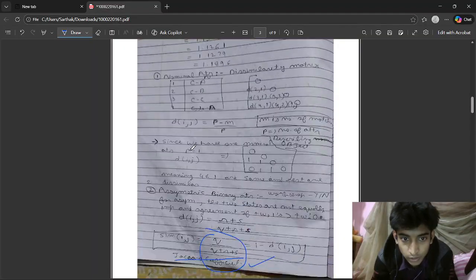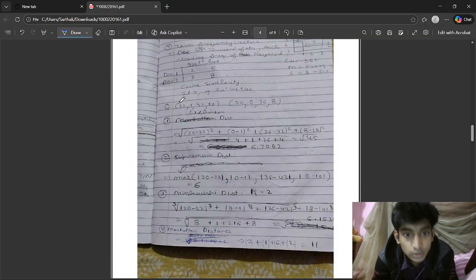Now let's calculate the distance for the tuples. We first calculate the Euclidean distance. That is, we take the square of 20 minus 22, then the square of 0 minus 1, the square of 36 minus 42, and the square of 8 minus 10. Putting these values in, we get root 45, which gives us this value. Similarly, we calculate the supremum distance, that is max of x2 minus x1, y2 minus y1, z2 minus z1, and k2 minus k1, right?